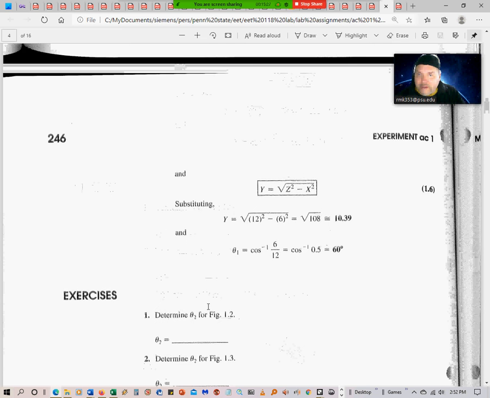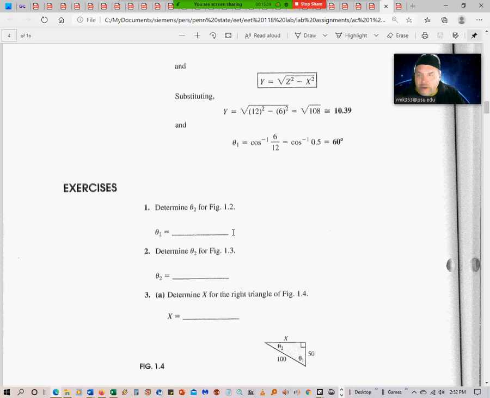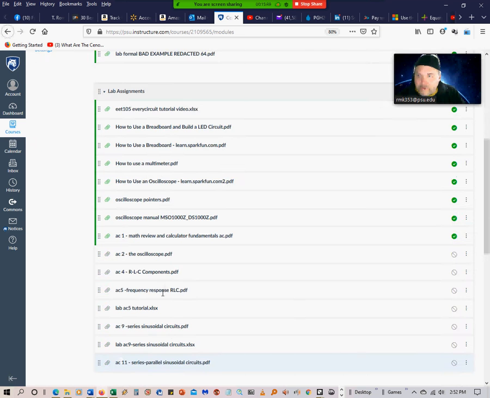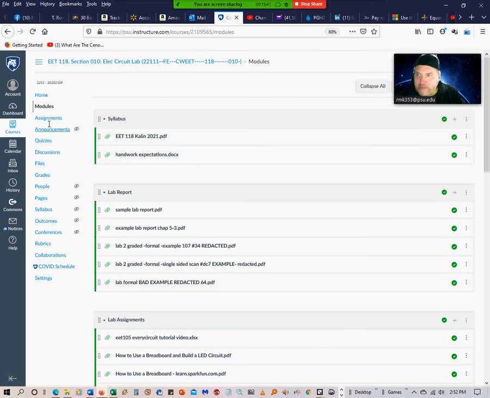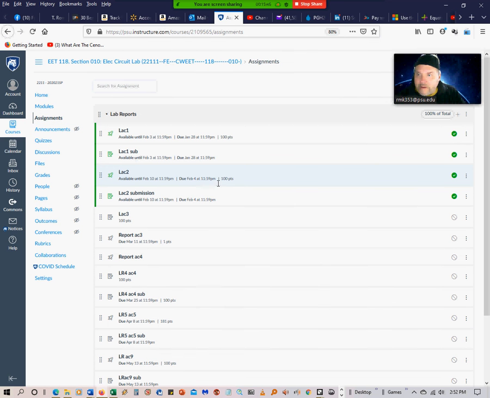You need to write down equations and show how you got your answer, put a box around the answer, and then scan it and submit it in Canvas. Under assignments, it's going to be here. The submittal for your handwork is LAC1 sub, which is Lab AC #1 submissions.